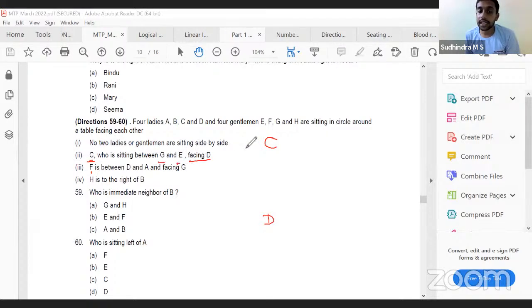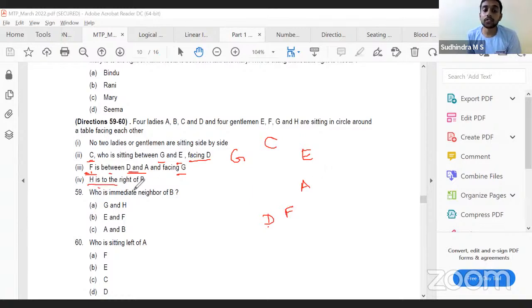G and E. Then F is between D and A. So D is here. Where will F sit? F is facing G, so F should sit here. So A should sit here. Correct? Because F is between D and A.